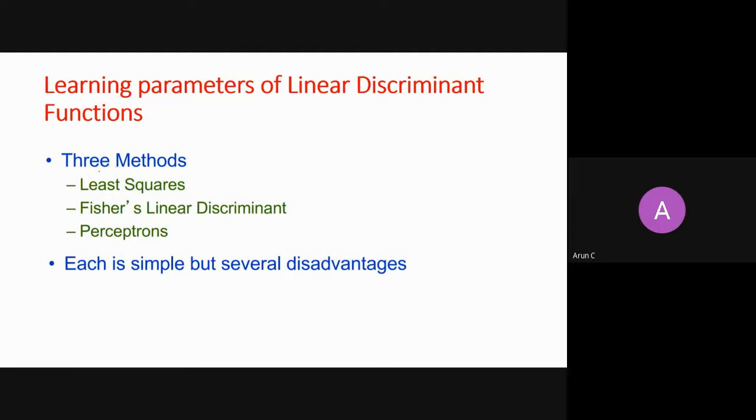Today in class, I will discuss least squares, and tomorrow and the day after tomorrow we will be discussing the other two. So today I am going to tell you the least squares method to find the parameters for linear model classification. So far, if anything is unclear, please let me know so that we can proceed to the optimization.